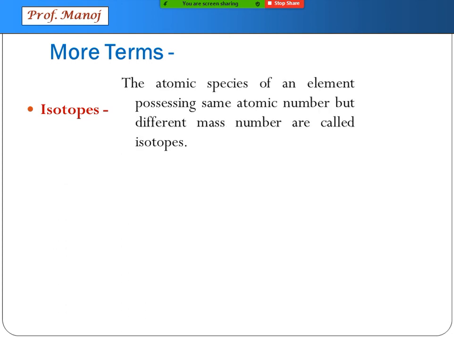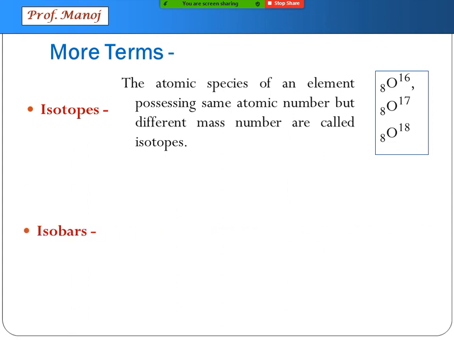Isotopes are the atomic species of the same element having the same atomic number but different mass number. For example, you can see here 8O16 is isotopic with 8O17, which is isotopic with 8O18. You can observe very well, the atomic number of all these species is 8, but the mass number differs.